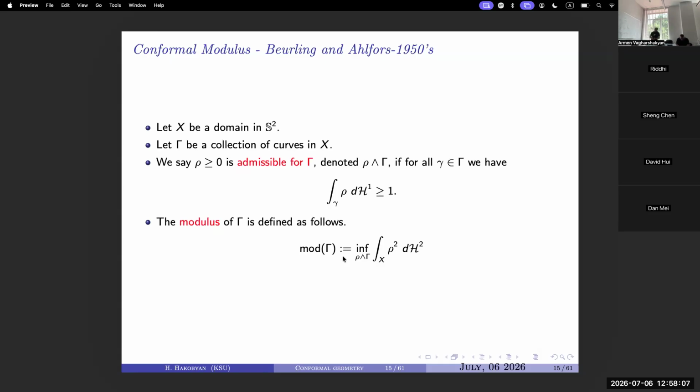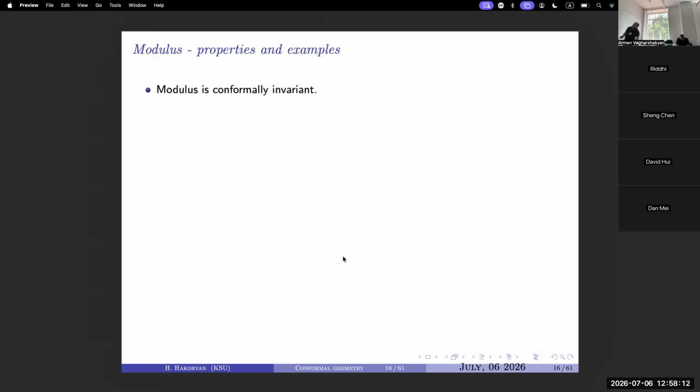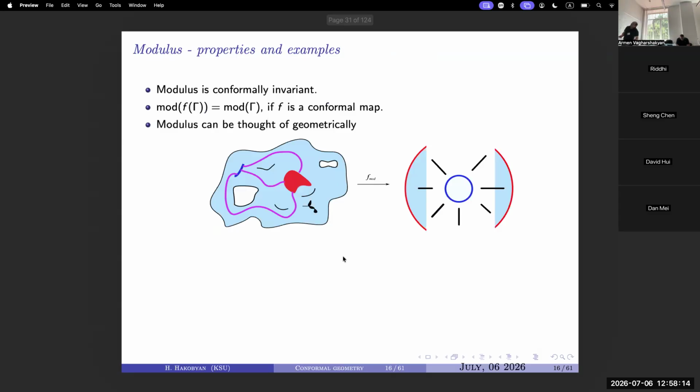Okay, so what's the use of this in our situation? Here is one more thing: the picture didn't display right for some reason. Modulus can be thought of geometrically. What is the modulus of the curves which connect the blue continuum to the red continuum in this domain?